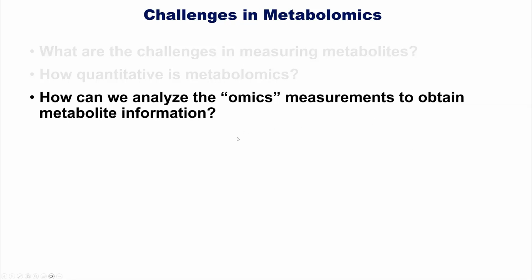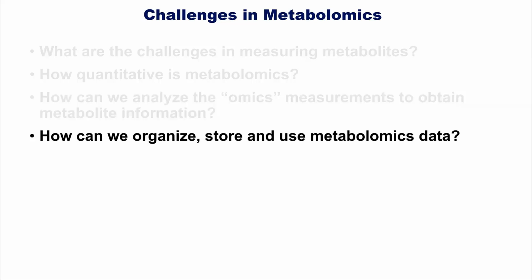The community has been developing tools for the last 2 decades towards mining these metabolomics measurements. How can we organize, store, and use metabolomics data? I would like to say that the National Metabolomics Data Repository, NMDR, and the EBI MetaboLights are the two unique resources in the world which essentially organize, store, and provide metabolomics data.